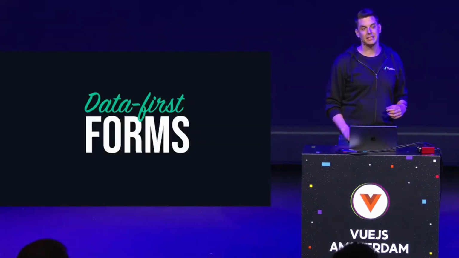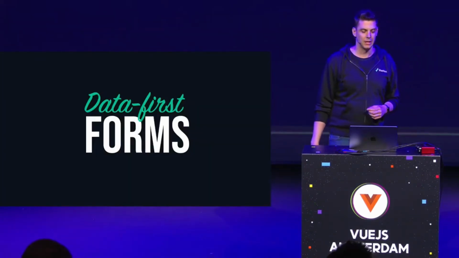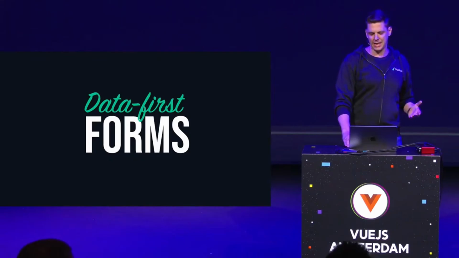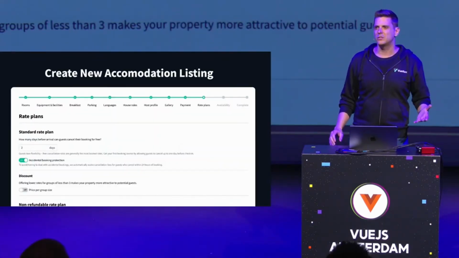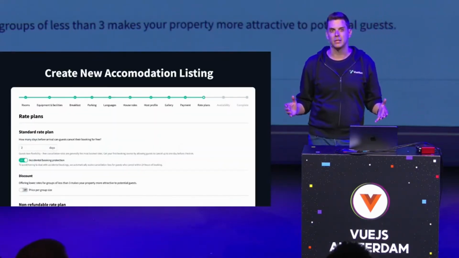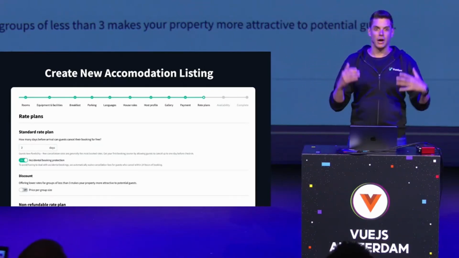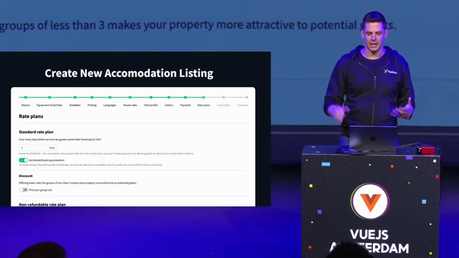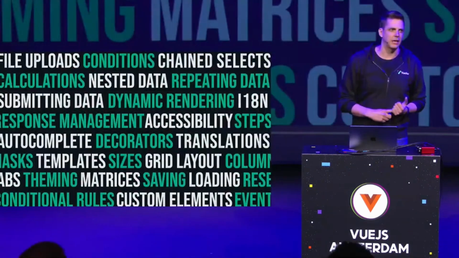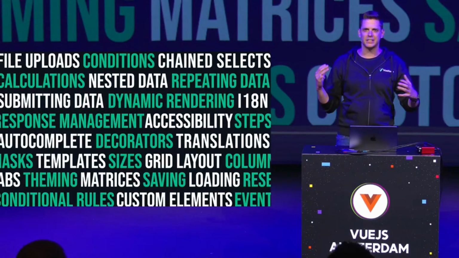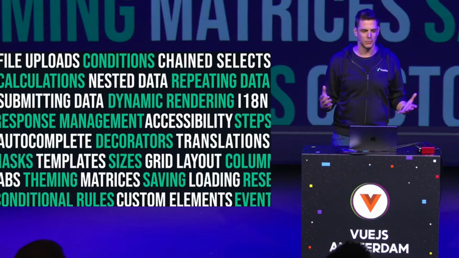I like to call this category of forms data-first forms. And in data-first forms, we can easily have hundreds of fields. And so one thing that is very important for us is to be able to create these large forms quickly and easily. But these forms introduce other common challenges beyond creating fields, like how to handle nested data, how to repeat elements, how to break them into multiple steps, and so on.